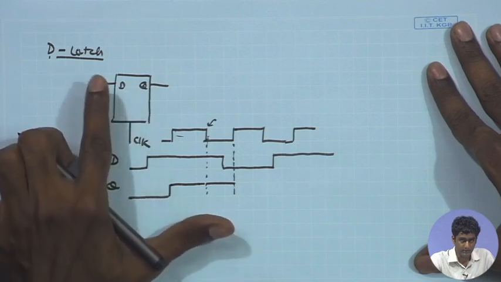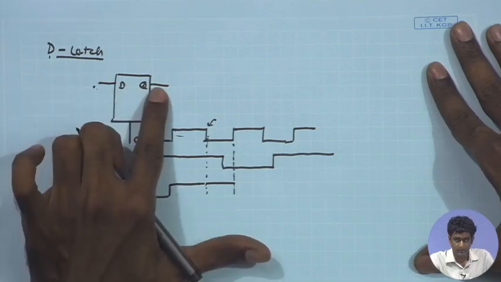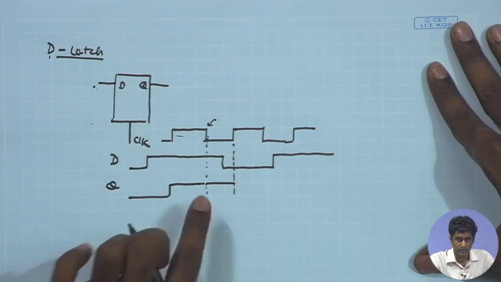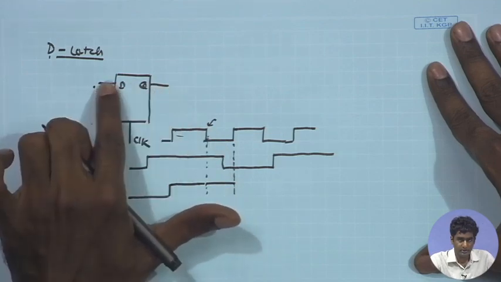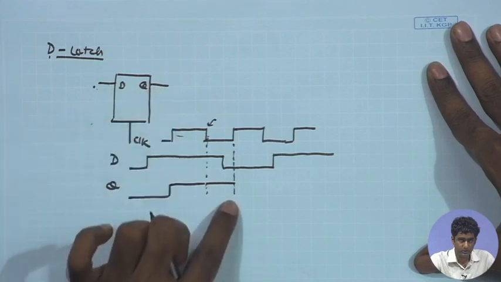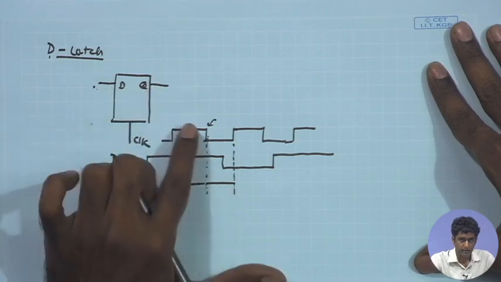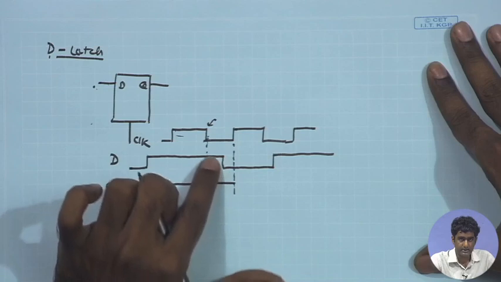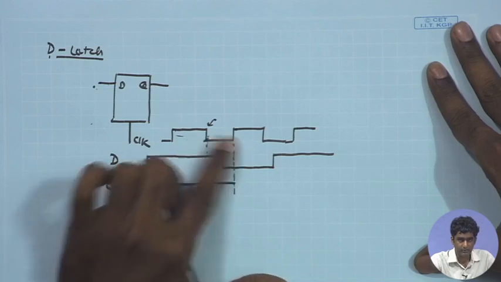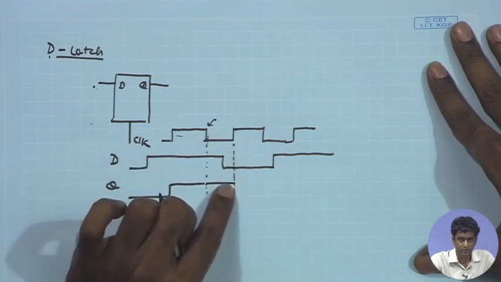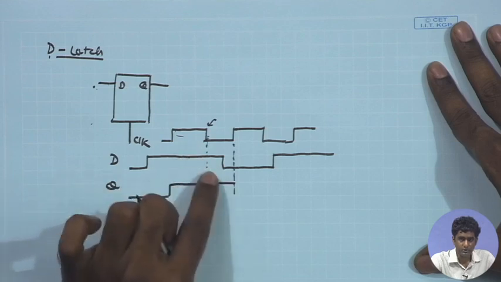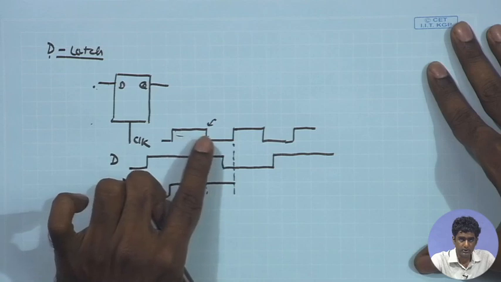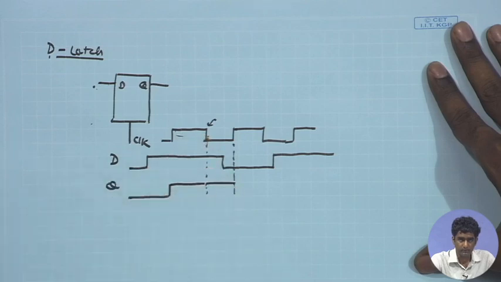Whatever data is available at D, the same data is transferred to Q, but once the clock goes down, it is no longer transparent. Whatever data was available at Q remains stored, and therefore any change in D during the negative clock phase will not be transferred to Q. So, Q is retaining the D level which was available before the negative edge of the clock.